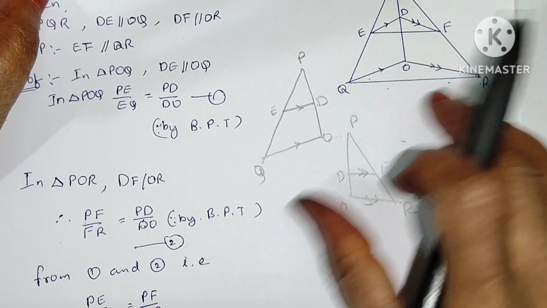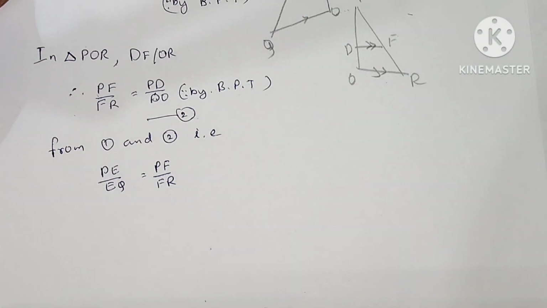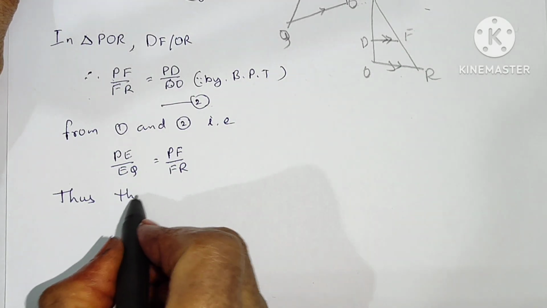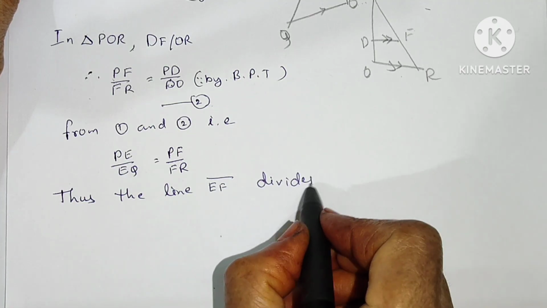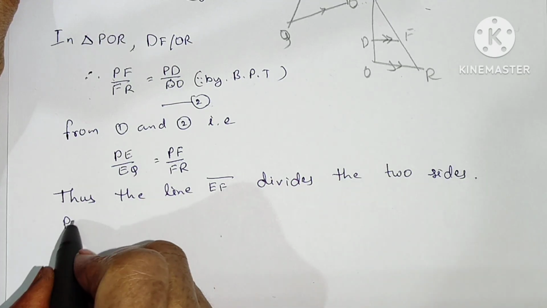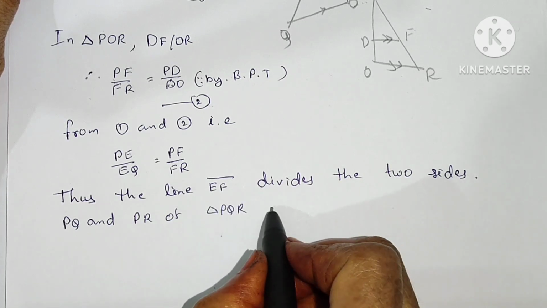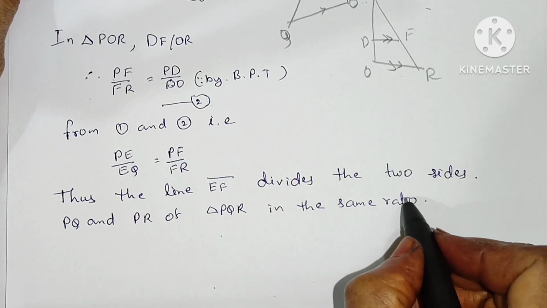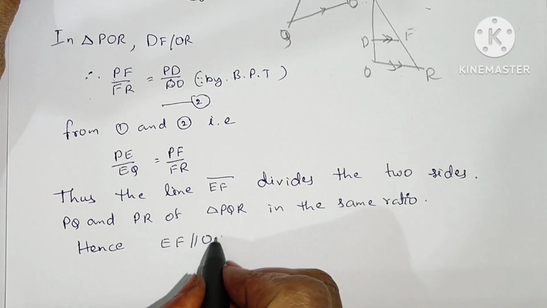Here two sides are parallel means the third side is also parallel. So we write EF is parallel to QR. Thus the line EF divides the two sides PQ and PR of triangle PQR in the same ratio, hence EF is parallel to QR.